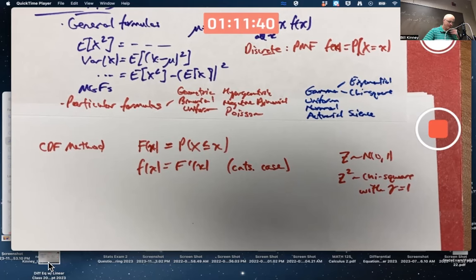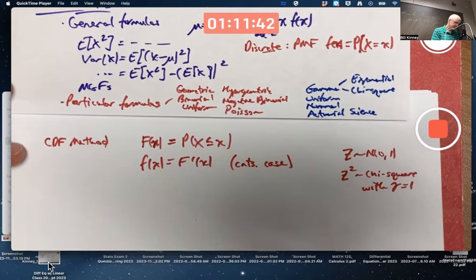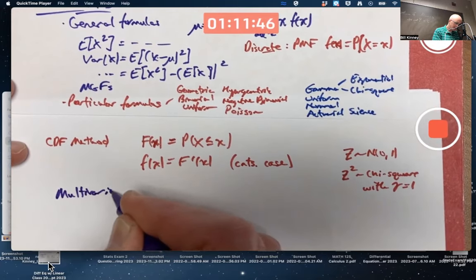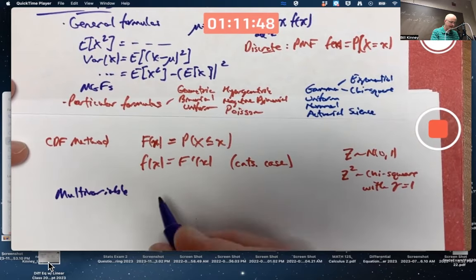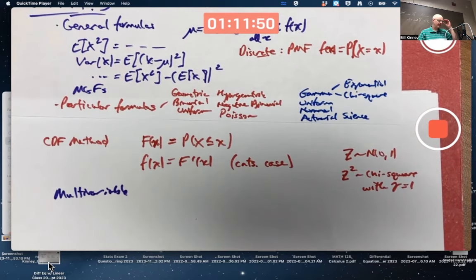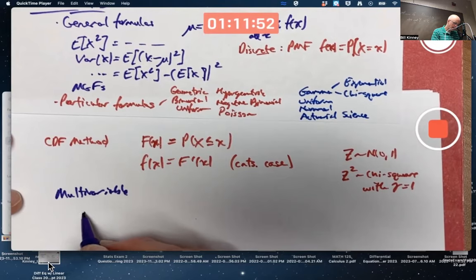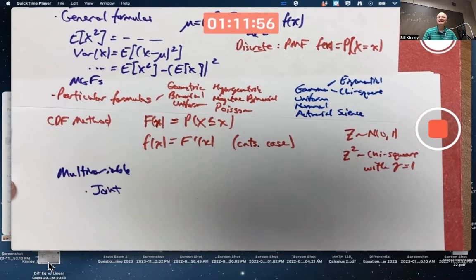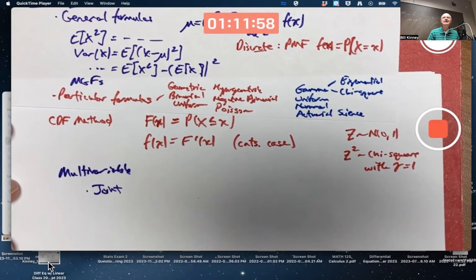Running low on time. We also did the multivariable distributions, focused mostly on bivariate with 2 random variables. You got the joint distributions, PMFs in the discrete case, PDFs in the continuous case, adding up values in the discrete case, integrating in the continuous case.